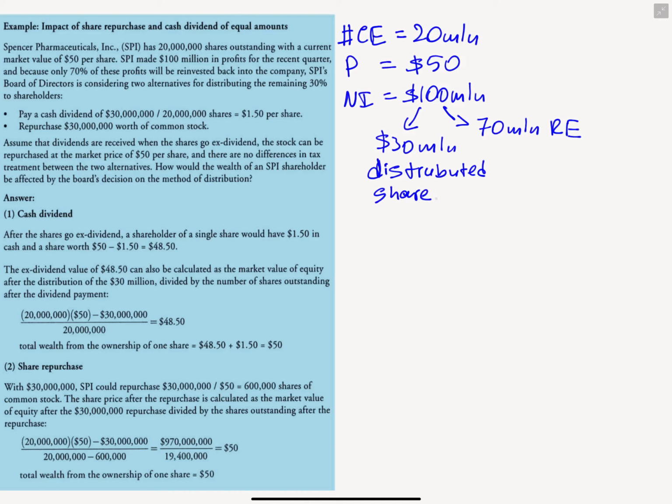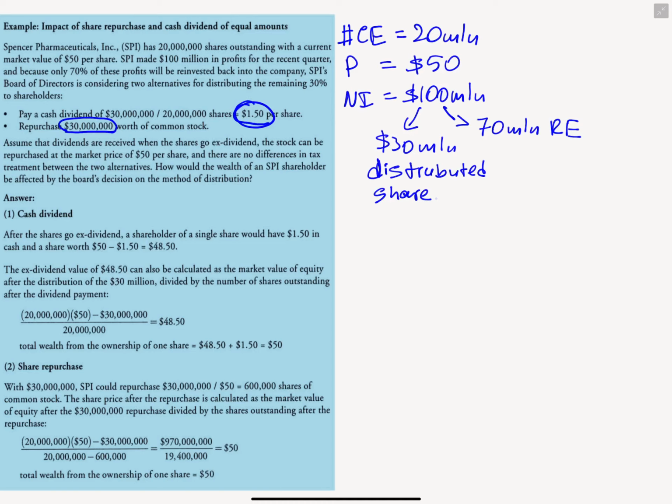So they have two alternatives. First is paying a dividend of $1.5 per share. The second is repurchasing, spending this money to buy the shares back. Then we should discuss the effect of these two ways.